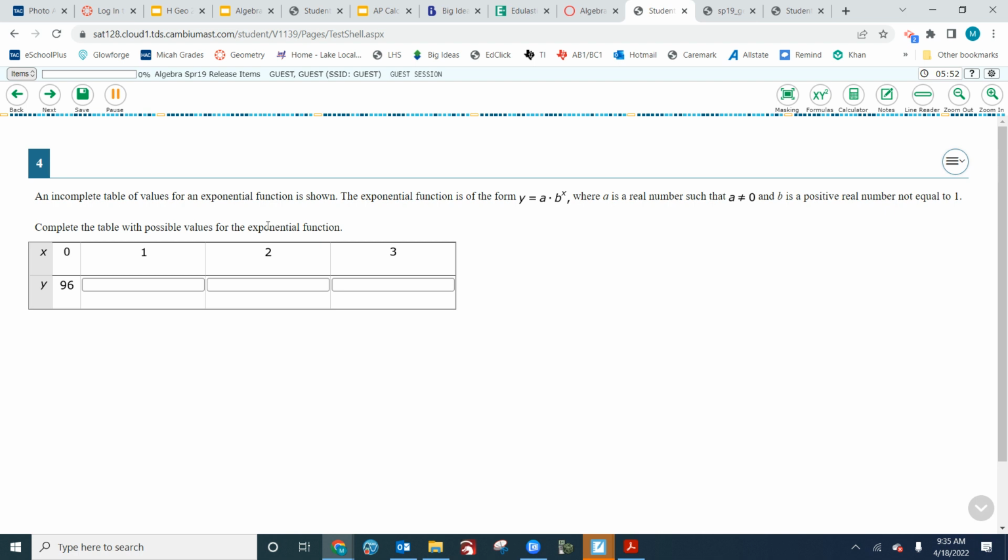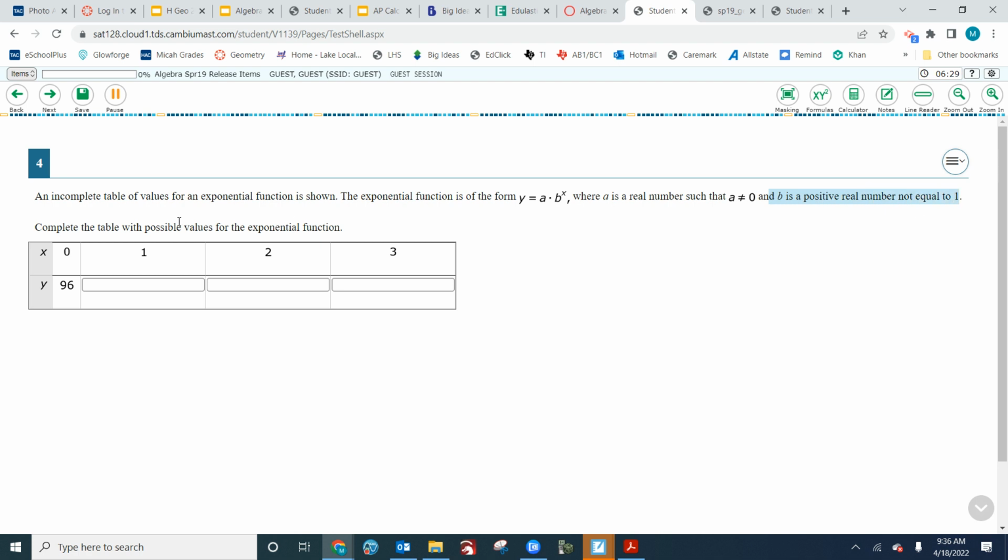I want to do this one with you guys. An incomplete table of values for an exponential function is shown. The exponential function is of the form y equals a times b to the x, where a is a real number and b is a positive number not equal to 1.